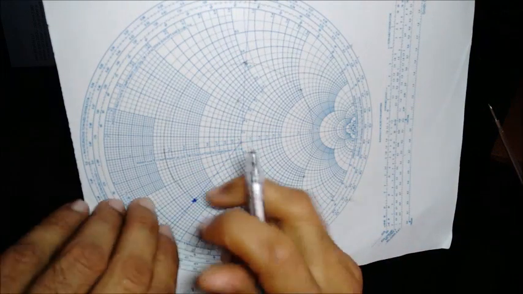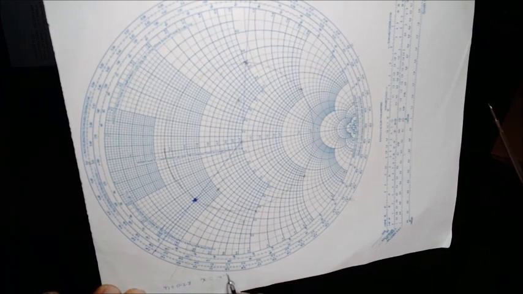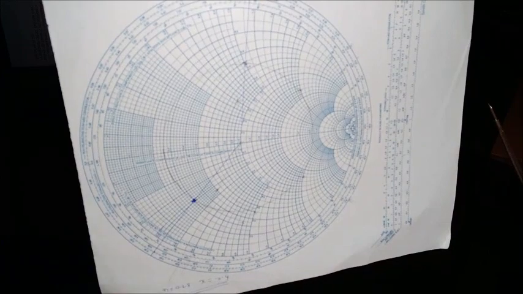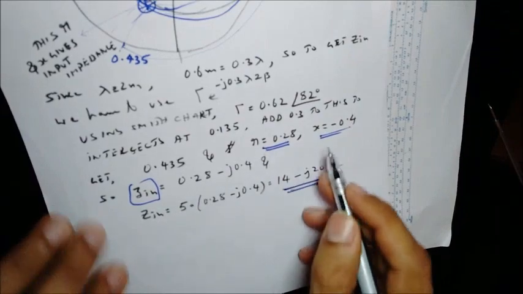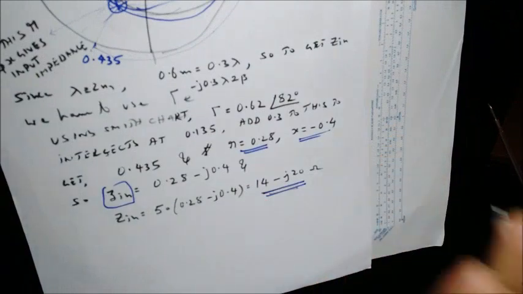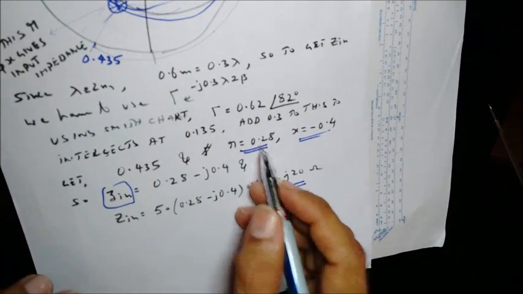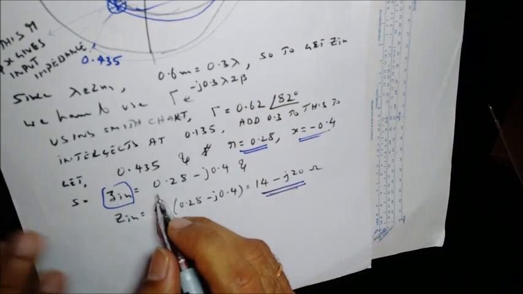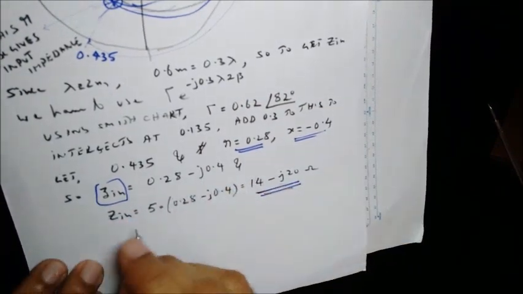So you take it as minus 0.4 and you get the same value as what was discussed here. R is 0.28, X is equal to minus 0.4. Of course, as I said, some difference is allowed. Maybe you may read this as 0.3, but it's okay. And then you have Zin as 0.28 minus j0.4, as I explained earlier, and you end up getting this as a result.